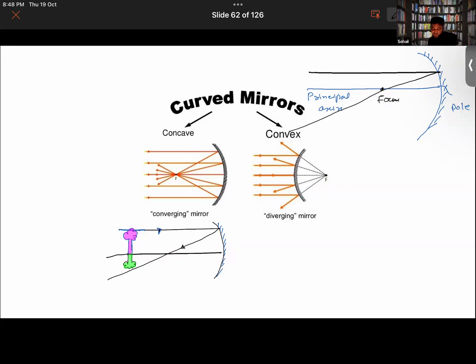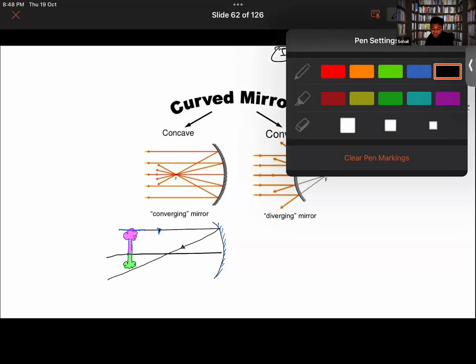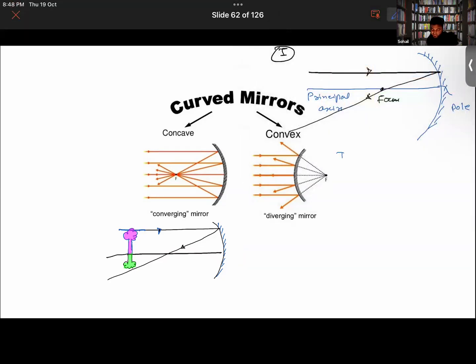So the first law is that if a light ray comes parallel to the principal axis on a concave mirror, it reflects back through the focus. Is that clear to all three of you? Yes, sir. Can you explain the part about where the ray reflects back from the mirror one more time?